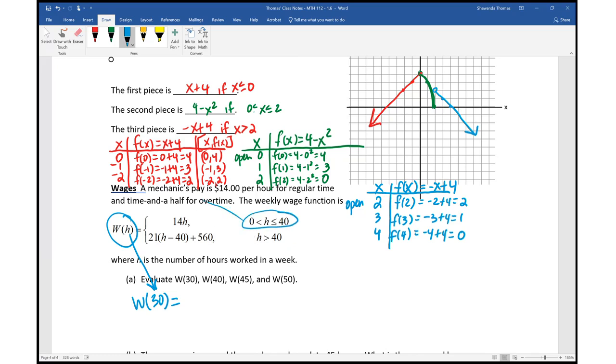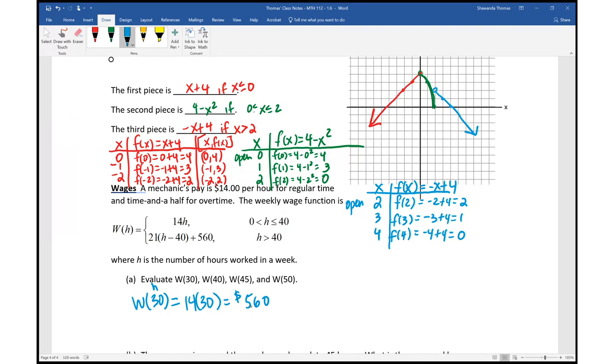Therefore, you will use only 14H. So 14 times your H here, which is 30. Put that in your calculator to get your 560.